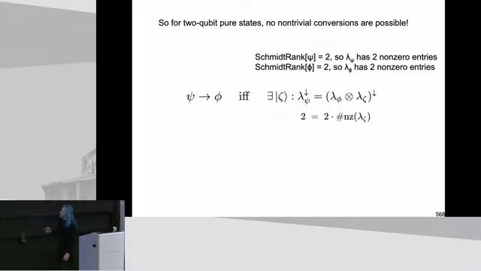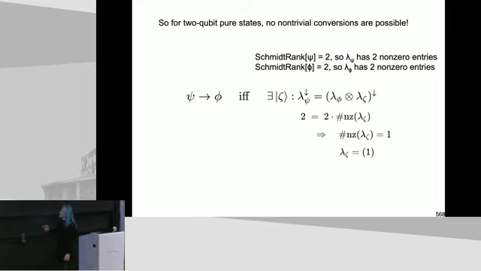When you take the tensor product of 2 real vectors, it just multiplies the number of non-zero entries. So 2 times the number of non-zero entries in this vector here has to equal 2, which means the number of non-zero entries for this xi state has to be 1. The only vector for a normalized quantum state in Schmidt form like that has a Schmidt coefficient of 1, just by normalization.